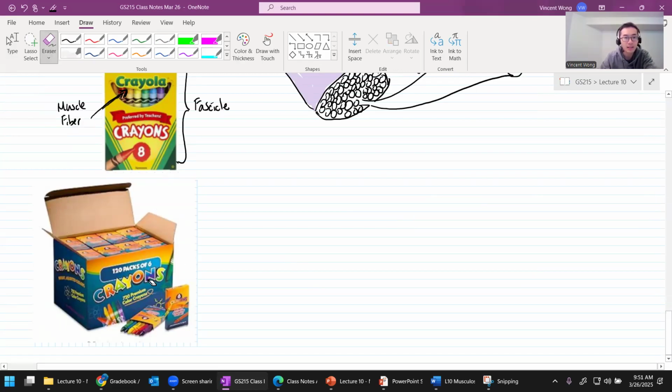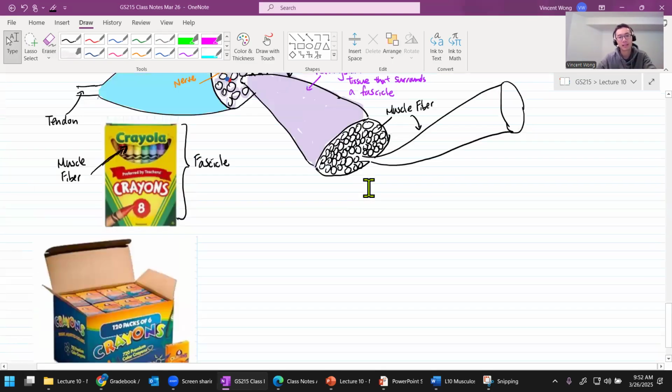Do you understand? So the muscle has individual fascicles, and then each fascicle, if you open them up, you will see the individual muscle fibers. As an analogy, it's kind of like that.